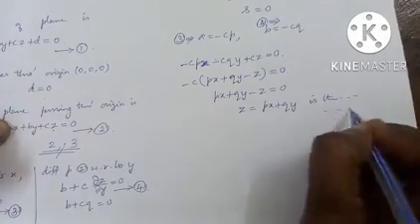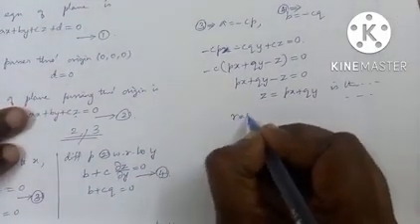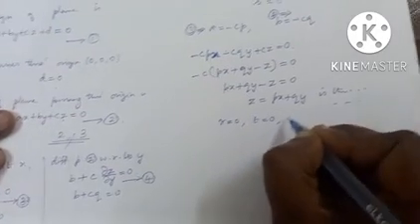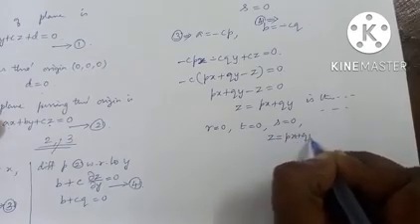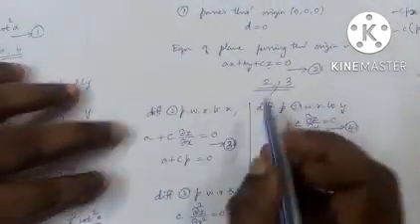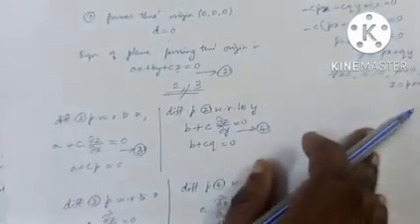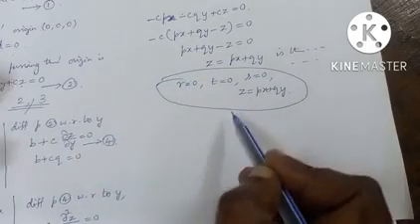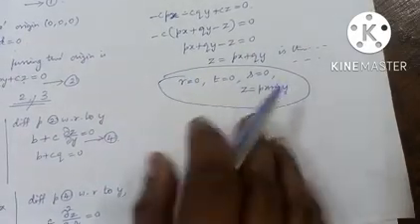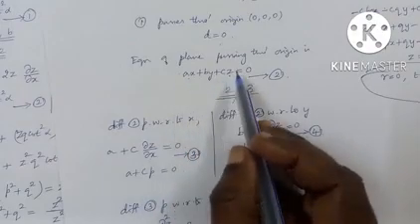Which is another answer, right? Which is another PDE. What are the answers available? R equal to 0, t equal to 0, s equal to 0, z equal to px plus qy. So for the given solution, we have formed 4 equations. All these 4 equations have the same solution, ax plus by plus cz equal to 0. Okay.